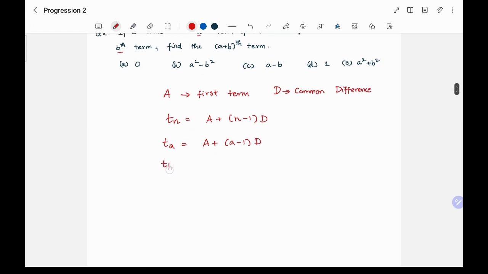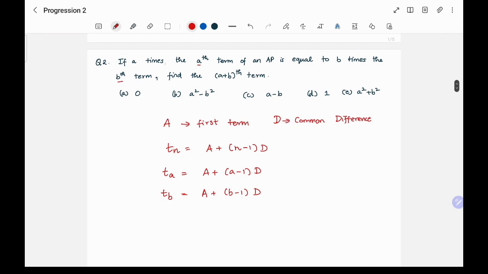What about the bth term? A plus b minus 1 into D. What they have given is that a times the ath term of an AP is equal to b times the bth term. So a into Ta is equal to b into Tb. And what they are asking us to find is the a plus bth term.